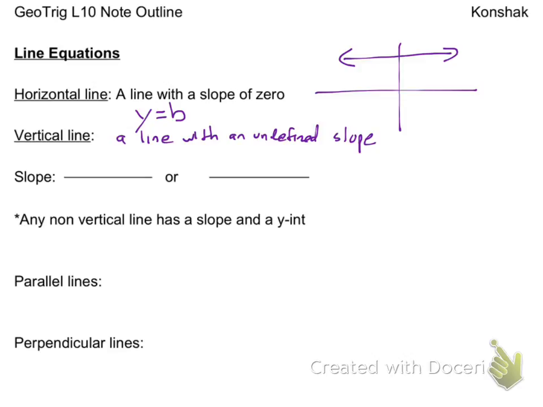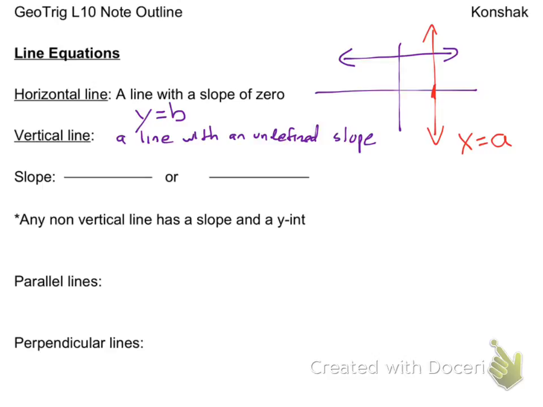And I'll change colors to red here on the same graph. The red one is a vertical line, and we generally say that's x equals, I'm going to say a for now, where a is some x value that it crosses on the x-axis. That's a vertical line. So those are two special lines.